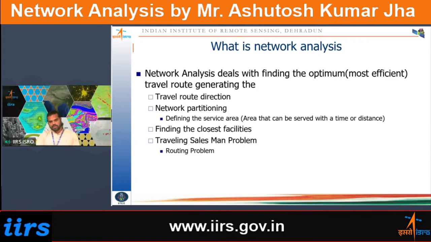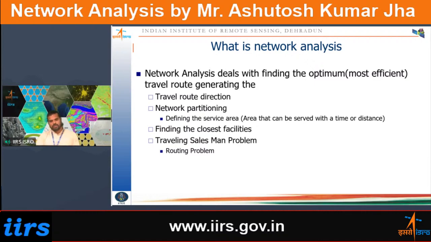So in all these networks, generally the basic objective is finding the optimum cost-based route. That is the most basic exercise. But apart from that, we may be interested in finding the service areas within a certain time, or locations which can be covered, and so on.